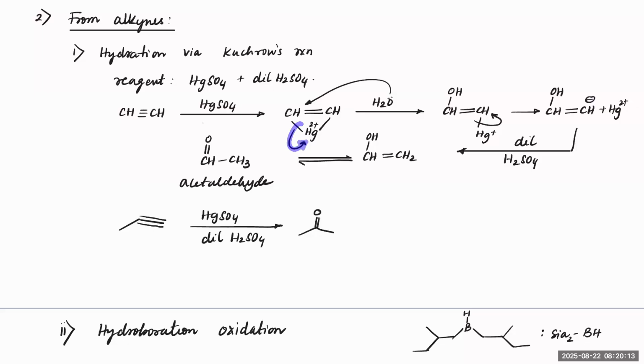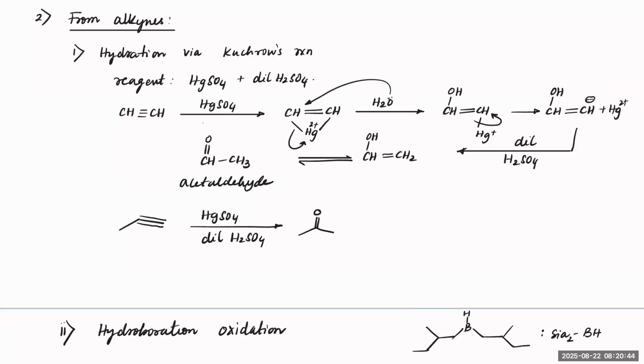Then you get an OH group here with a double bond, and mercury comes out giving away a negative charge on carbon, which takes H plus from the dilute H2SO4 present in the solution and converts into enol. That enol converts into keto form. In this case it is an aldehyde. If it is an unsymmetrical alkyne, it will convert into keto form. Okay.